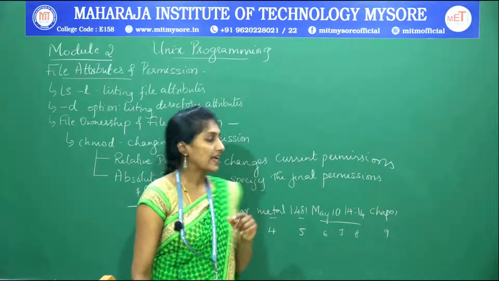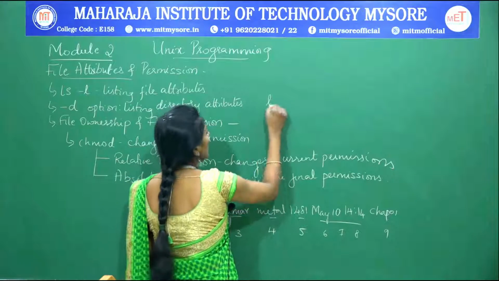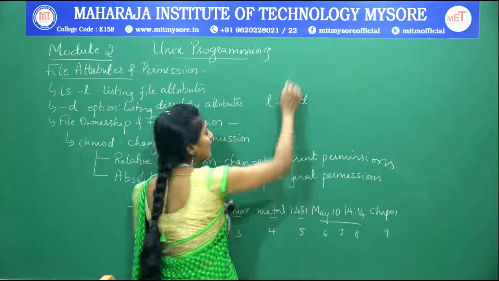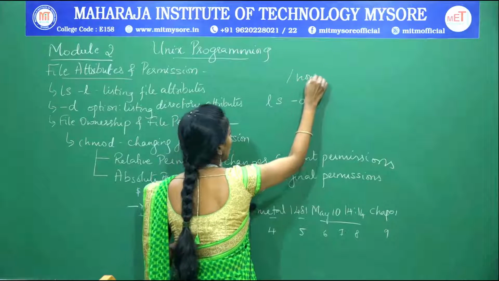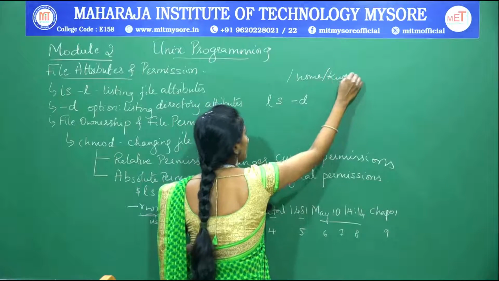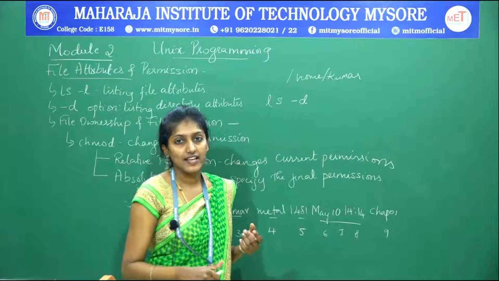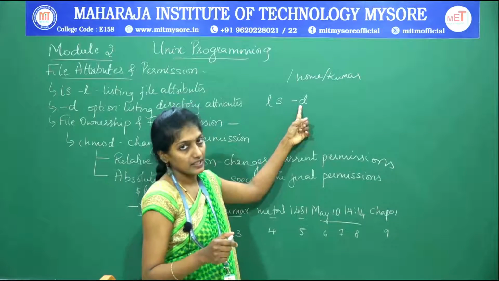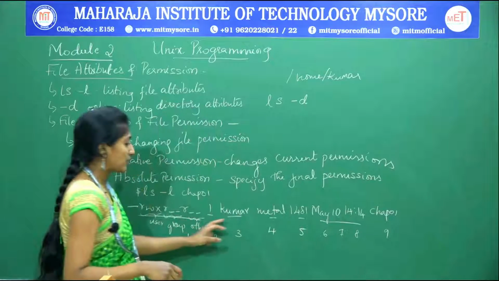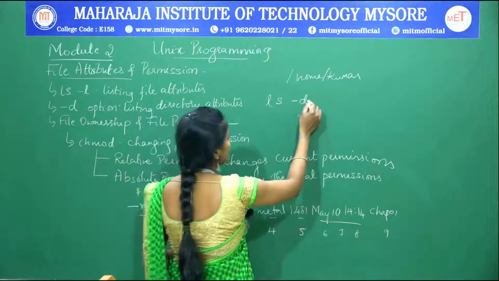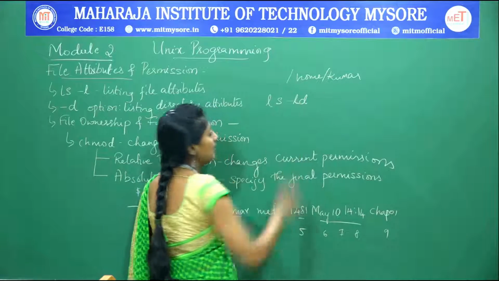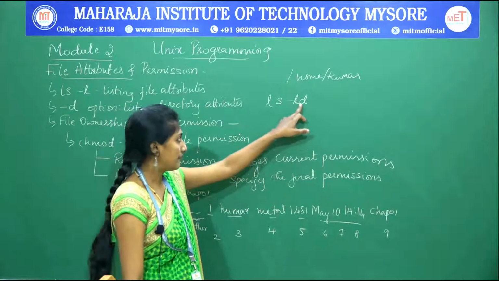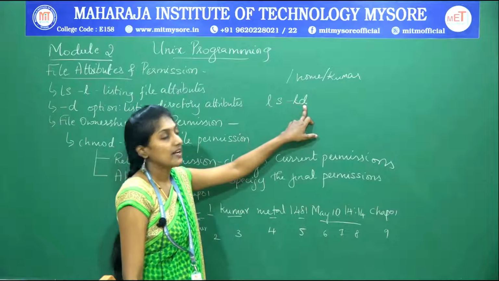By using ls -d with any directory, if you are under the current directory like home/Kumar, then under Kumar the directory files will be displayed here. If you want to list out all the attributes as well, along with -d you can execute ls -ld. So this is what the -d directory file attribute represents.